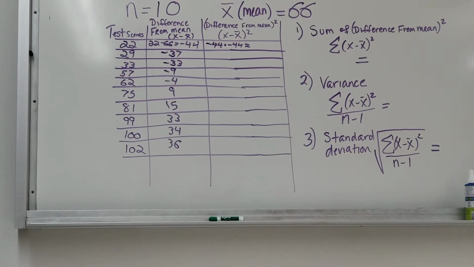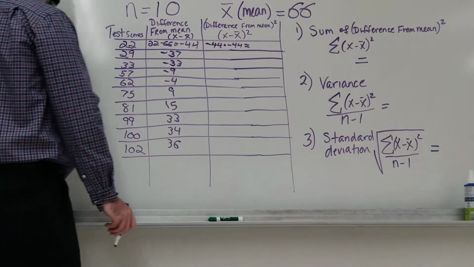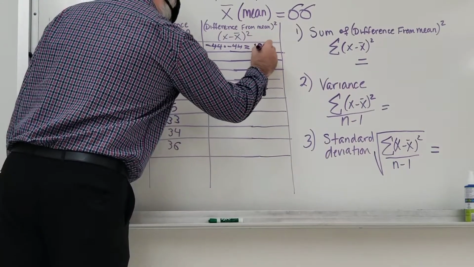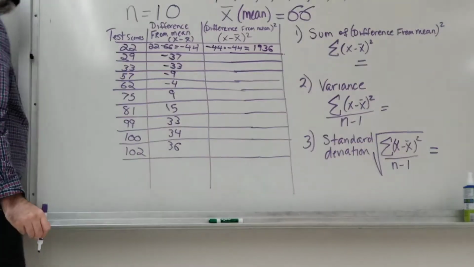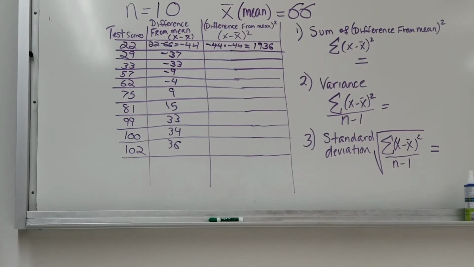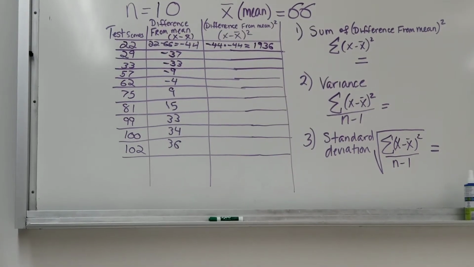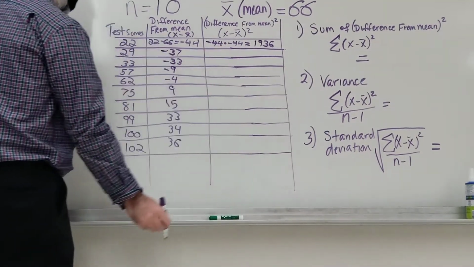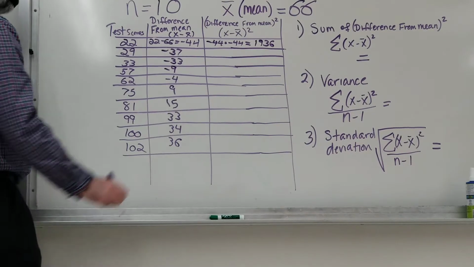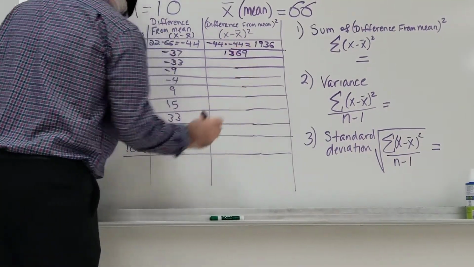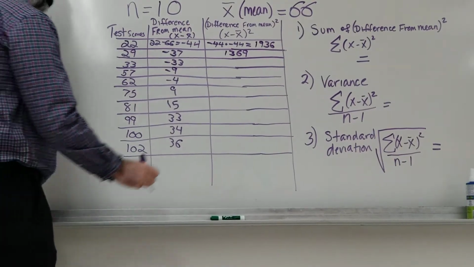So negative 44 times negative 44 is 1,936. These numbers should all be positive because a negative times a negative is a positive. The next one would be negative 37 times negative 37, which is 1,369. So we're going to fill in the rest of the table for you.